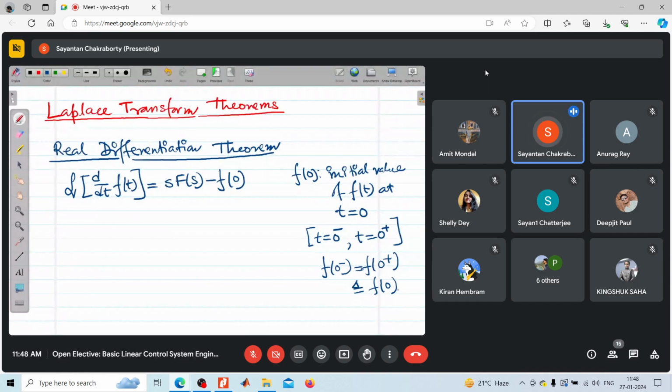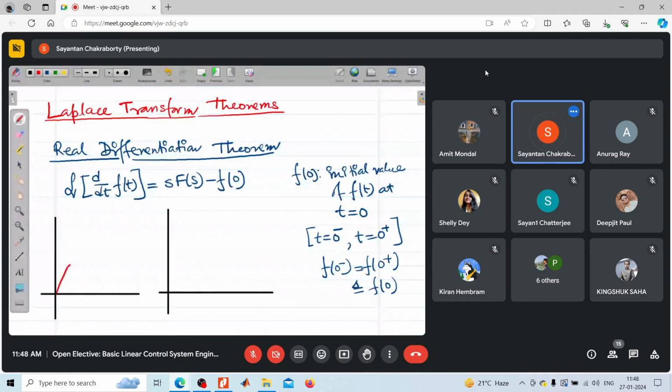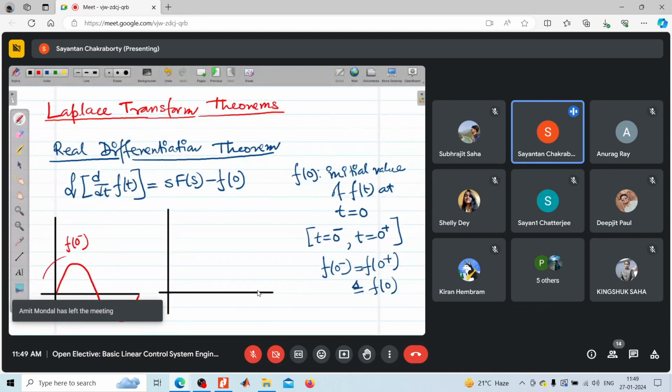Now there are certain examples where it may be very conflicting, and I think I should clear this doubt, because some of you may have this conflict. When you have a signal like this, say a sinusoidal signal, in this case clearly f(0 minus) is this point.